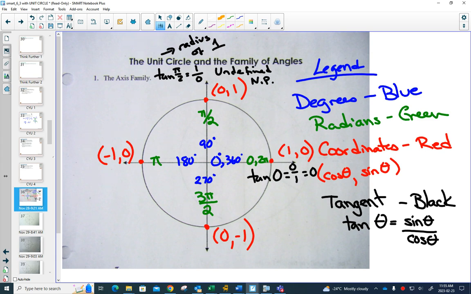Tan of pi over 2 does not exist. Tan of pi would equal 0 over negative 1, so it's equal to 0. And tan of 3 pi over 2, just like tan of pi over 2, is undefined as well.